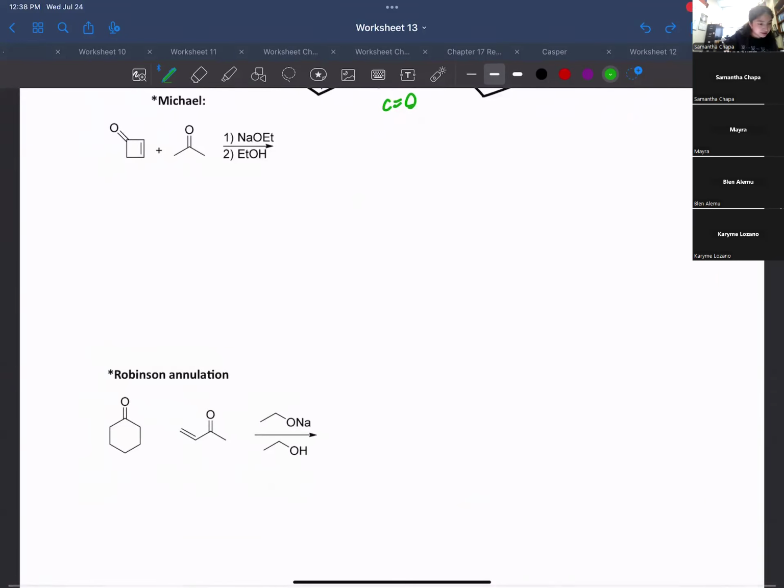So for Michael reactions, we need an enolate plus an alpha, beta unsaturated carbonyl compound. Those are the things that we need in our reagents.